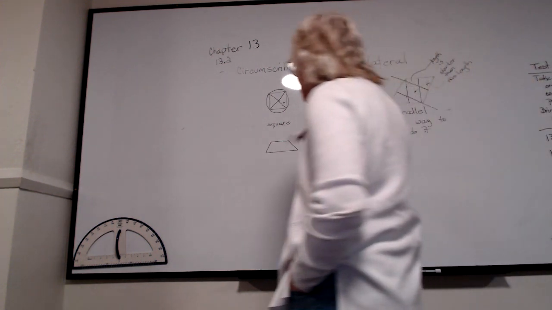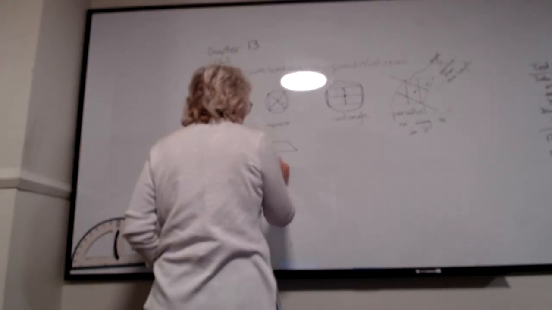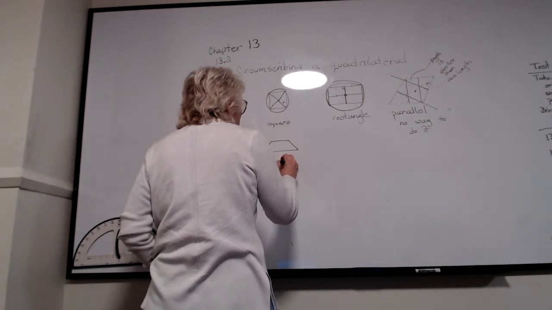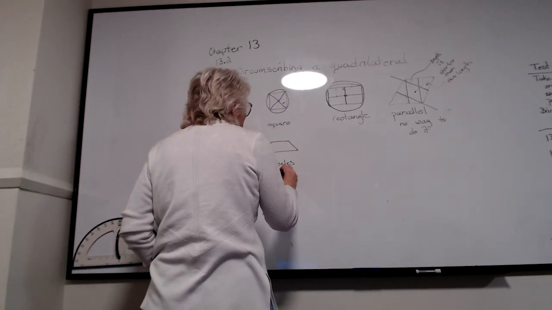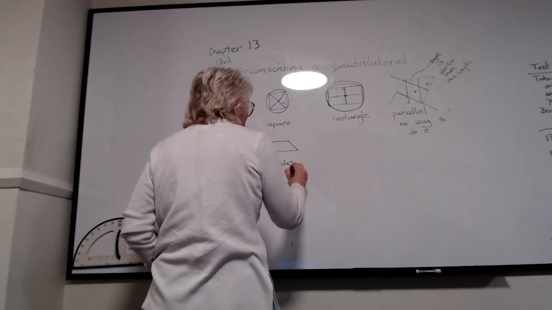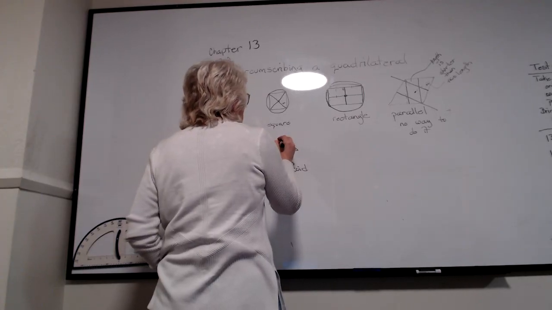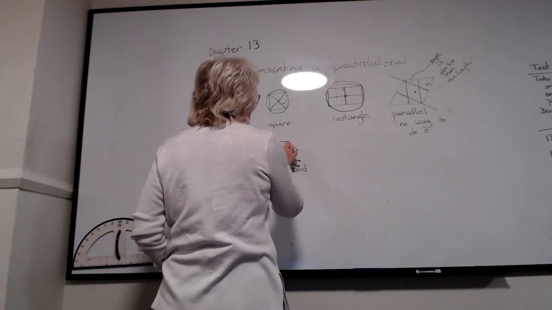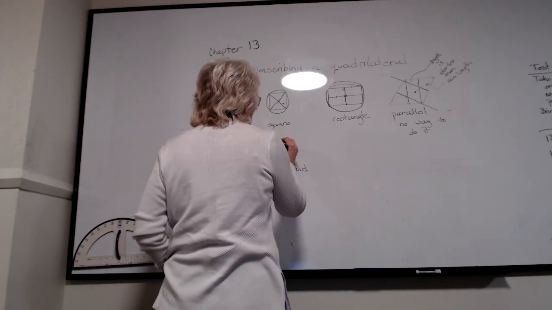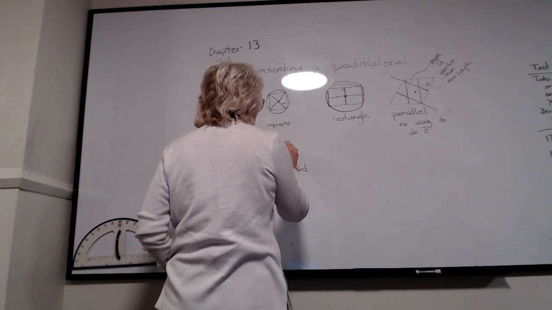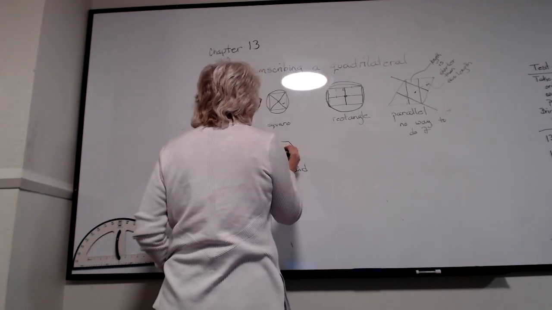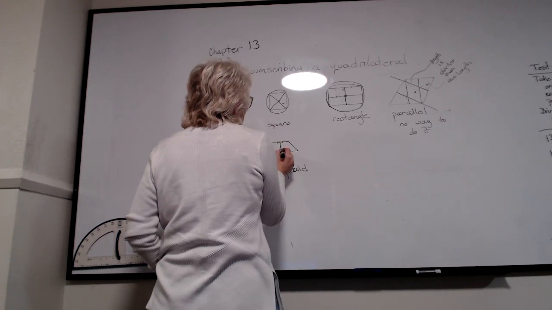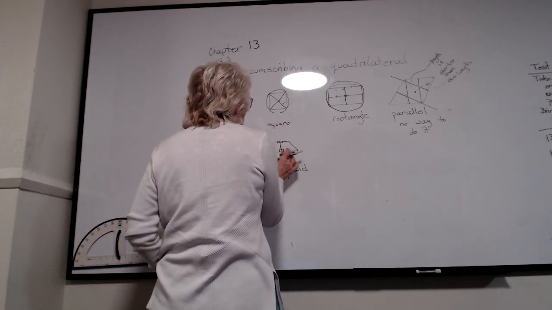Okay, this is a regular trapezoid, or an isosceles, I'm sorry, isosceles trapezoid. So if I take the perpendicular bisectors here, because it's isosceles, they should be equal like that. You're going to find one, okay?